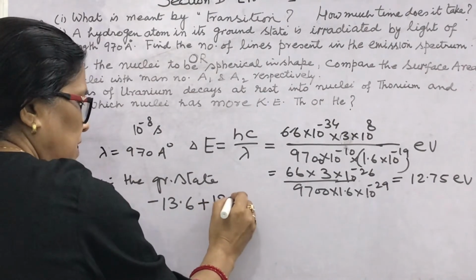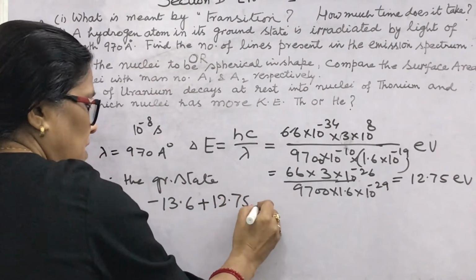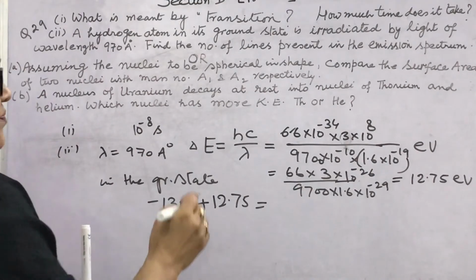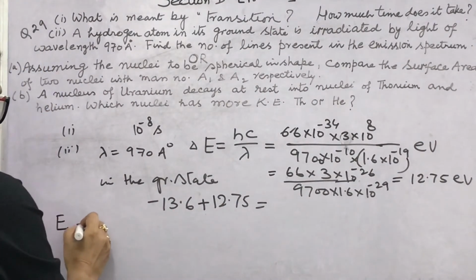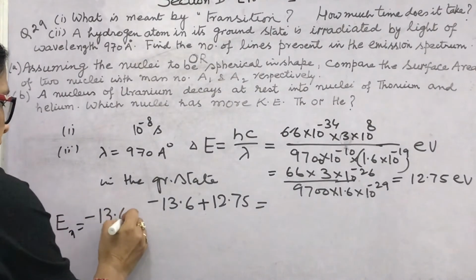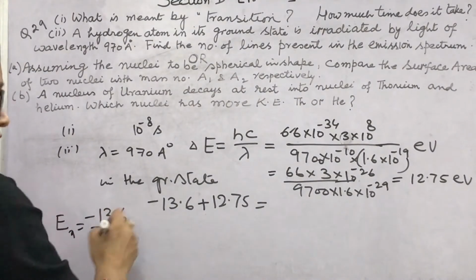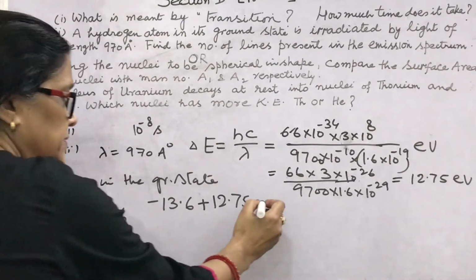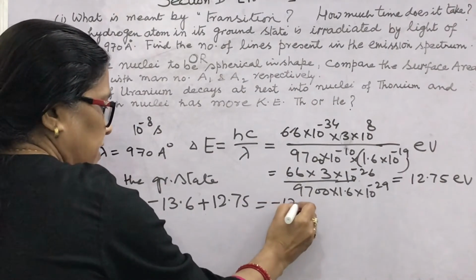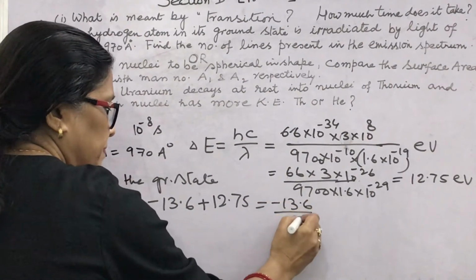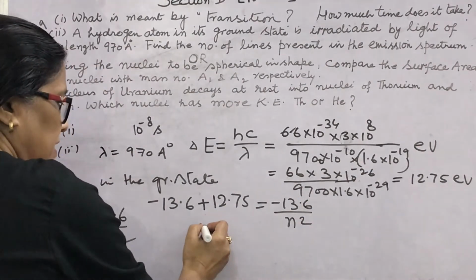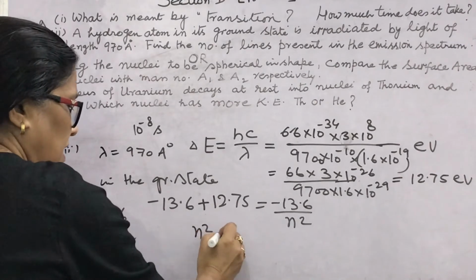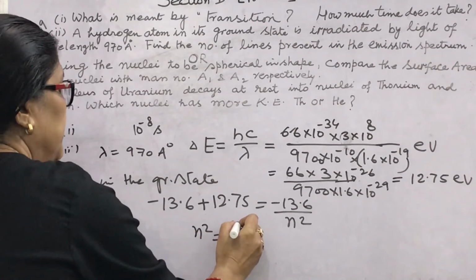This 12.75 eV will be added, and this will equal the energy formula in the nth energy level, which is minus 13.6 upon n square. So you put this equal to minus 13.6 upon n square.